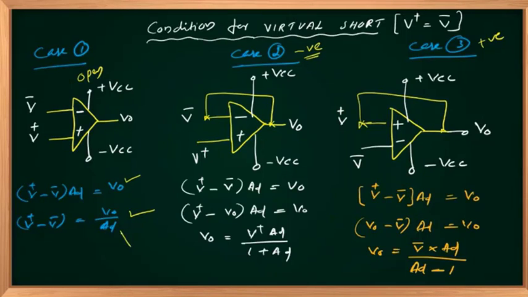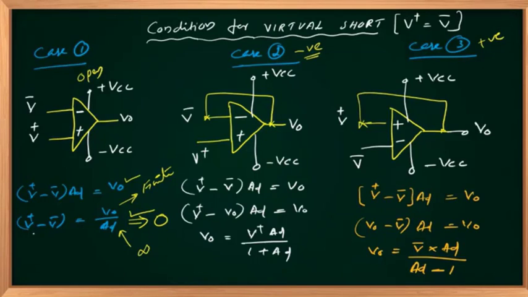As we discussed, if AD equals infinity, and your V out in the numerator is finite, this ratio will tend towards 0.